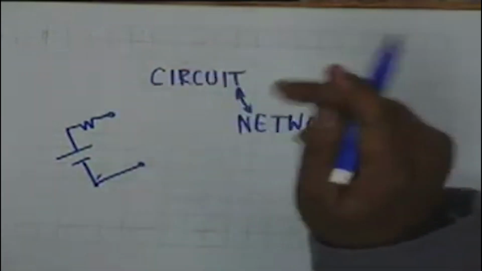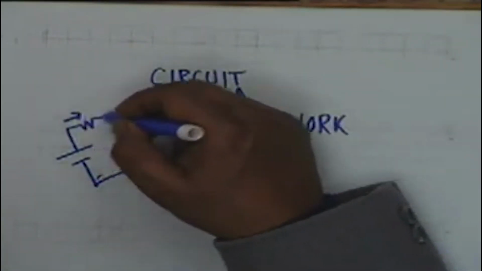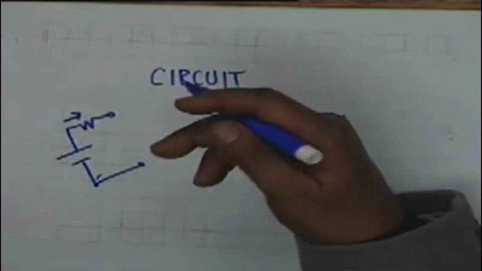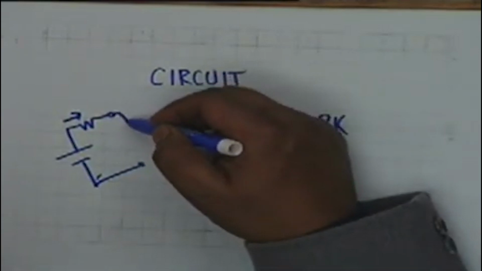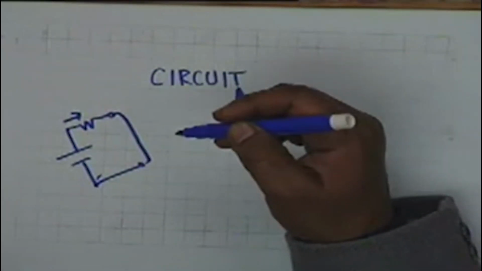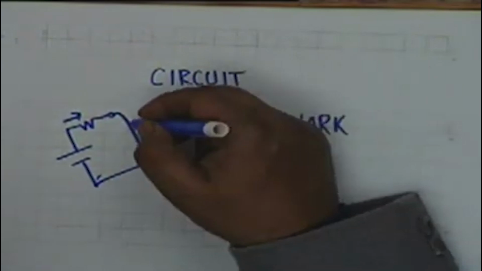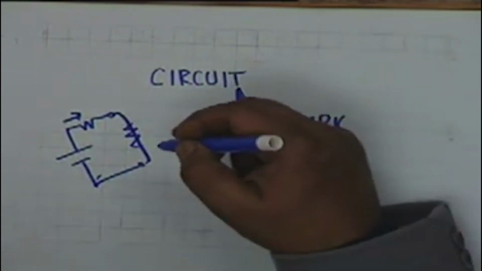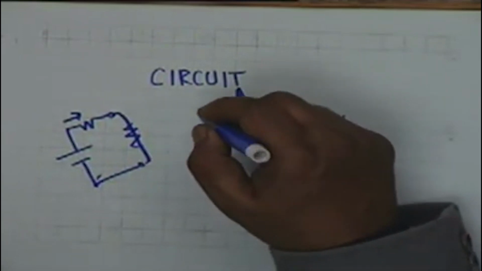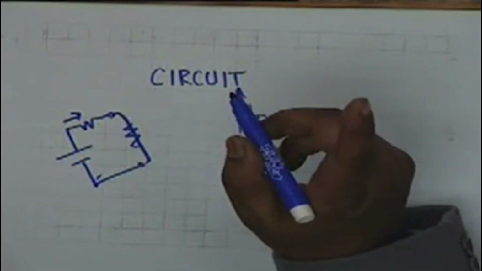There must be a closed path for a current to flow. If it is an open circuit, the current shall not flow. Now this path could be a short circuit or could be through another resistance. So a circuit necessarily shall have at least one closed path.